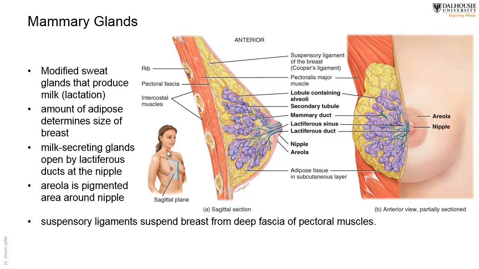So the size of the breast, in other words, does not reflect whether the woman can provide enough milk for her child or not, because even women with the smallest breasts can produce enough milk for lactation.